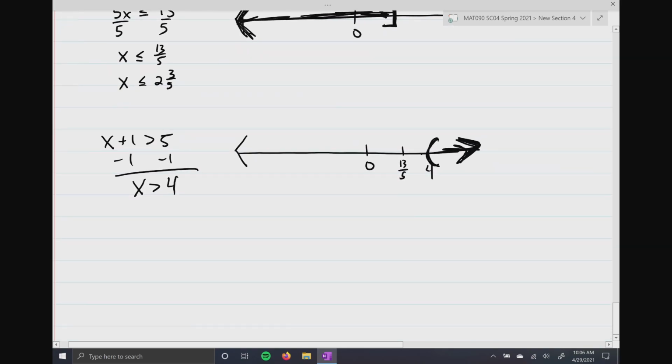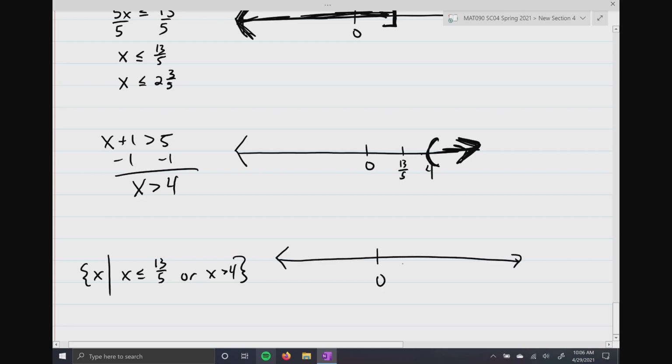Now, I write out the solution set. Okay? So that's going to be x is such that x is less than or equal to 13/5, or x is greater than 4. I'll label each of my critical values, I guess. I will shade.